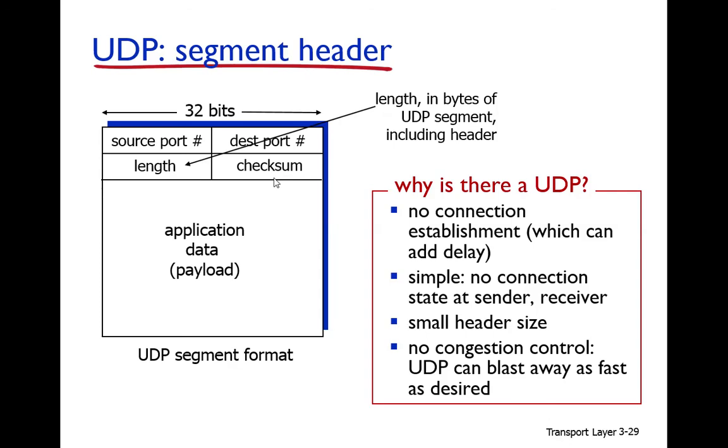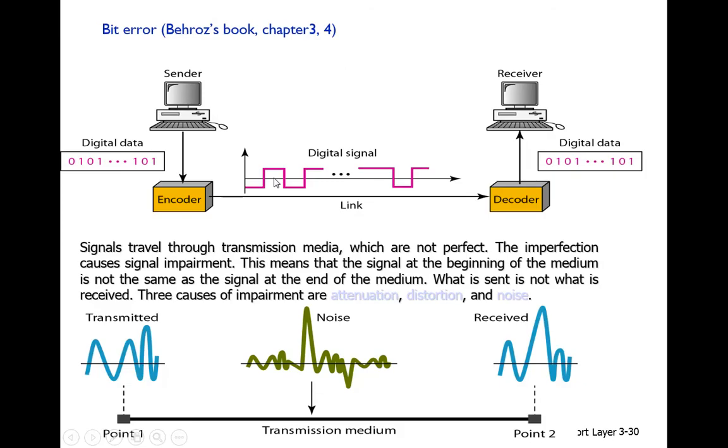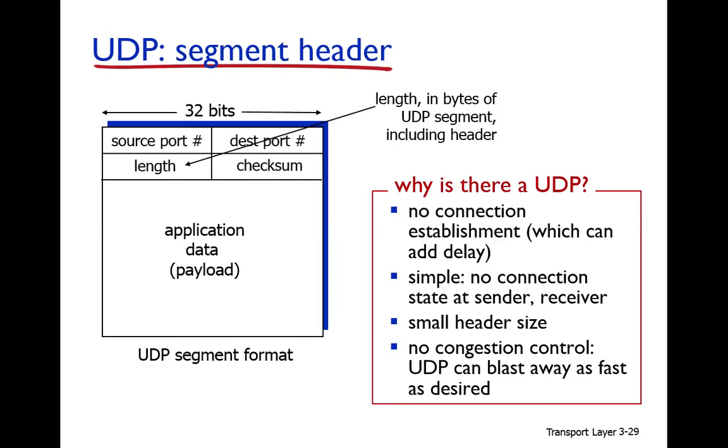We will discuss them in chapter number 4. There are several bit error detection mechanisms, but one of them is the checksum mechanism. So UDP uses the checksum mechanism for bit error detection. Okay, so how checksum works, let's discuss it.